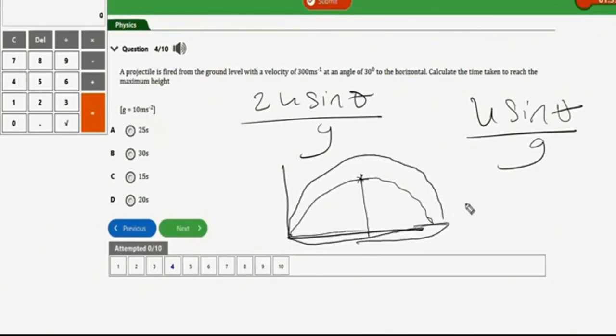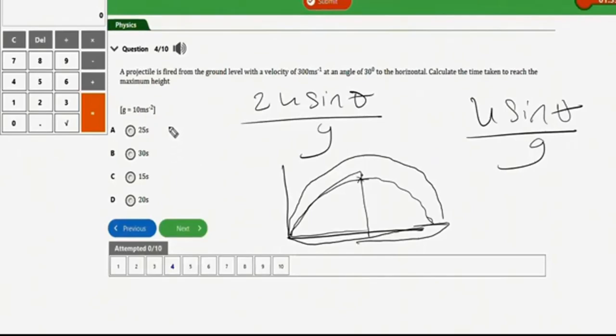This horizontal axis is the range of projection. The time from here to this maximum point, before the body starts falling again, is the time to reach maximum height. So that's why it's u sine theta over g. Then when it completes the motion, it will now be 2u sine theta over g. So having known this, let's solve this.